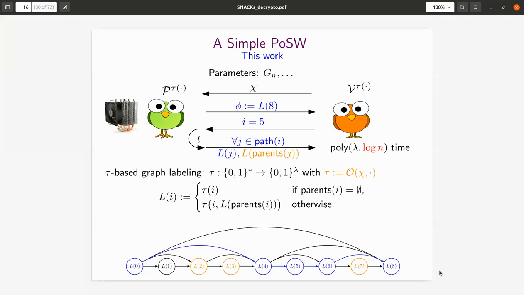And for each node on the path, you will also have at most logarithmically many parents. So the whole number of labels that the prover will end up giving to the verifier will be log squared n at worst. So this gives you succinctness, and the work that the verifier does is very simple and also very efficient.